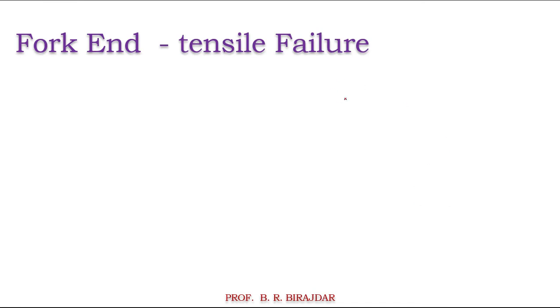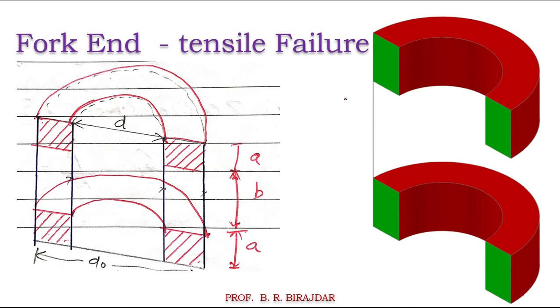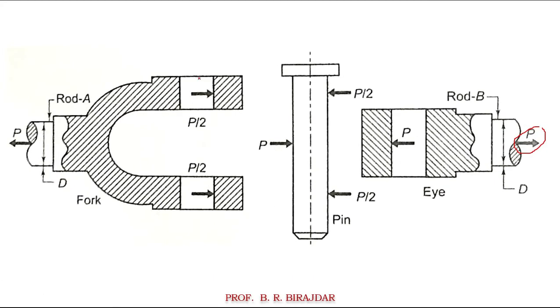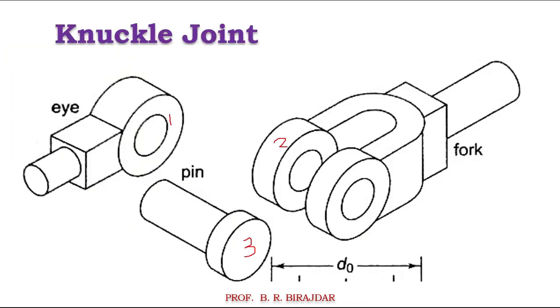Out of that, first we will consider the tensile stress. Now when there is a tensile load acting on this, I will show you, here it will fail. When there is a tensile load, here you are applying the load P, and inside there is P by 2, and somewhere here the failure occurs.